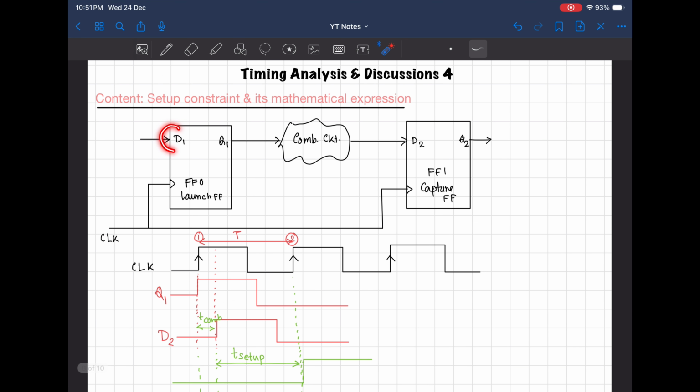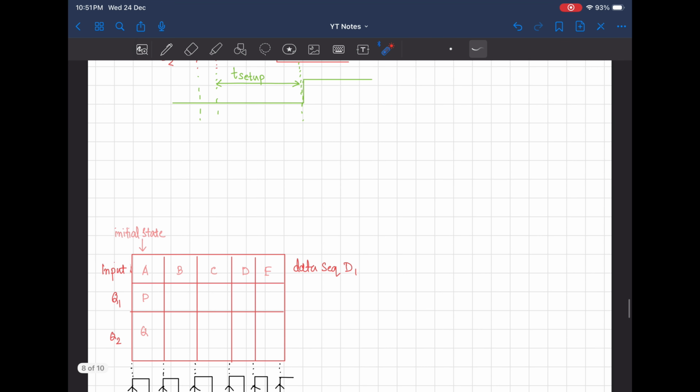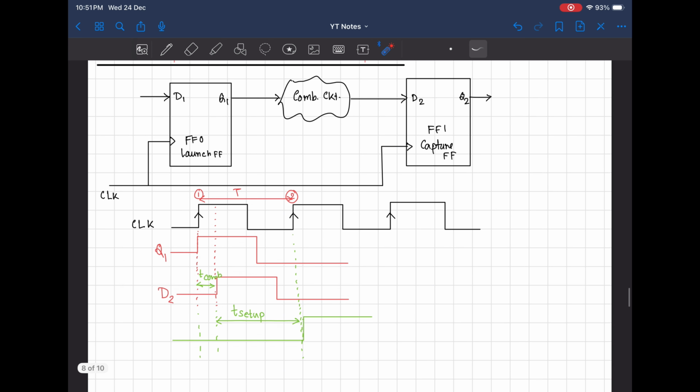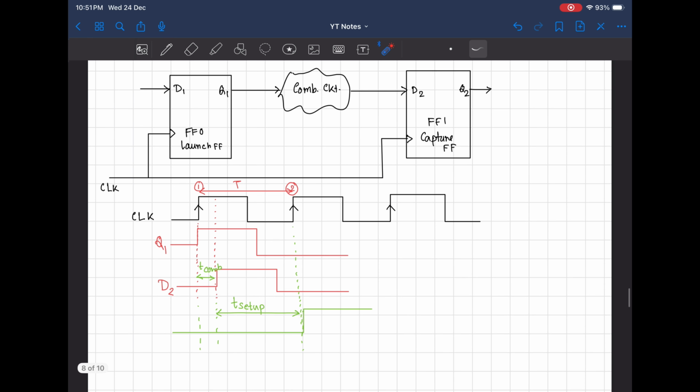The setup time says that whatever data sequence arrives at flop 0, the launch flop, whatever data you launch, by the next clock edge it should be properly sampled by the capture flip flop.